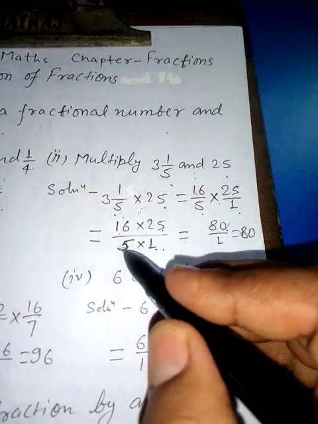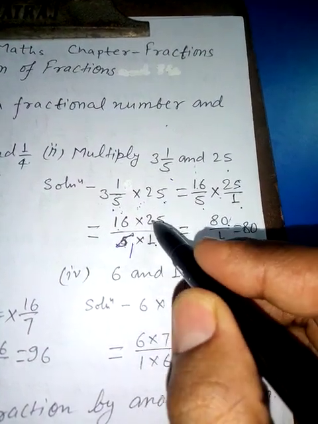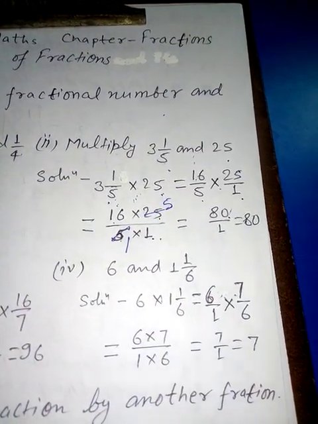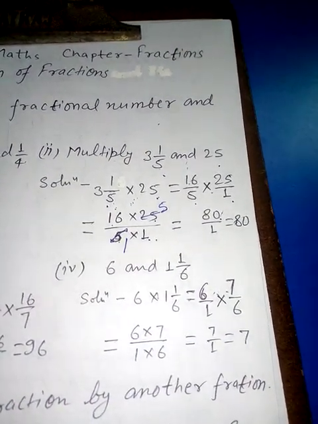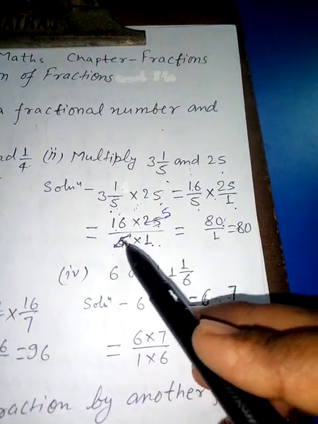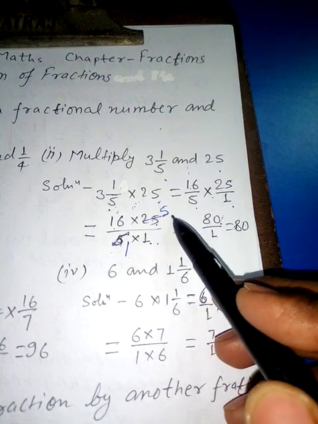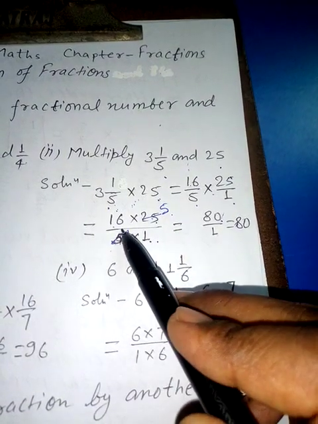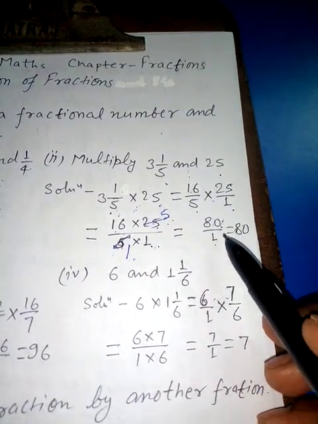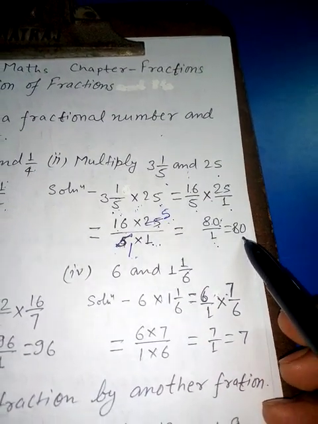So look, 5 ones are 5, 5 fives are 25. You can reduce these numbers because these are in division. So 5 ones are 5, 5 fives are 25. So 16 fives are 80. 1 one is 1. 80 by 1. So you can write 80.